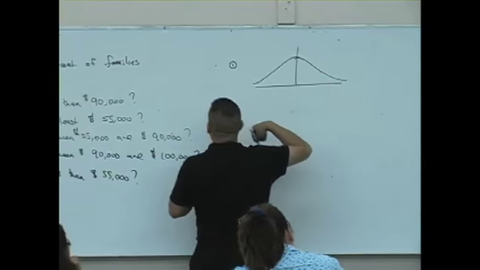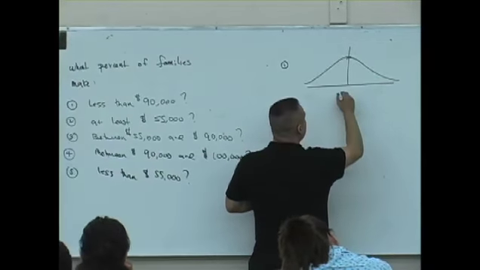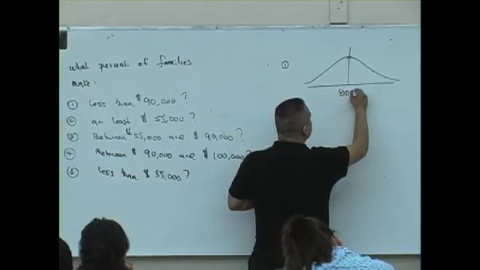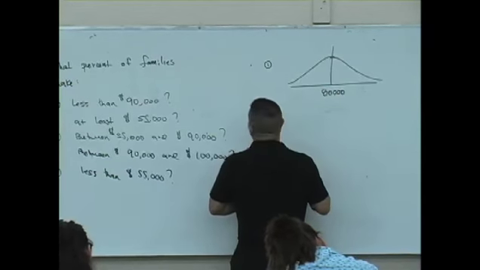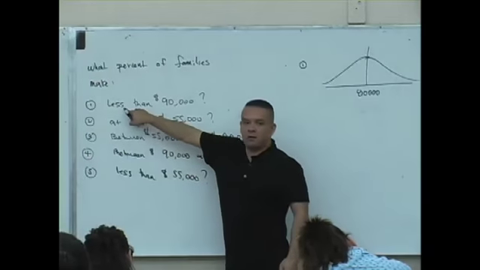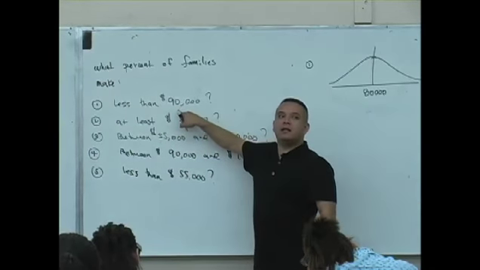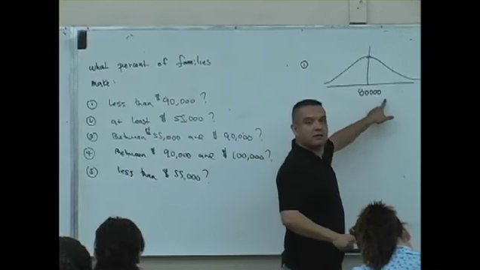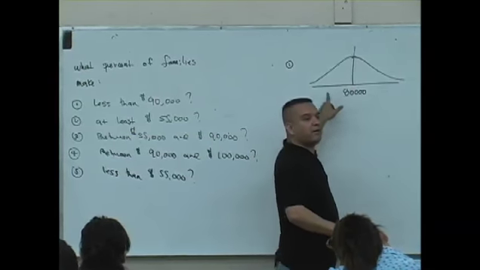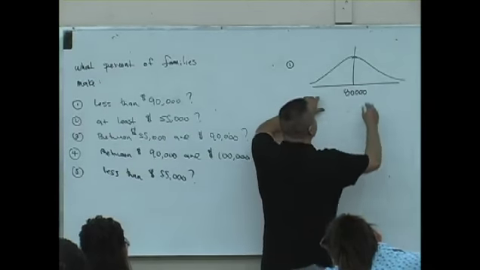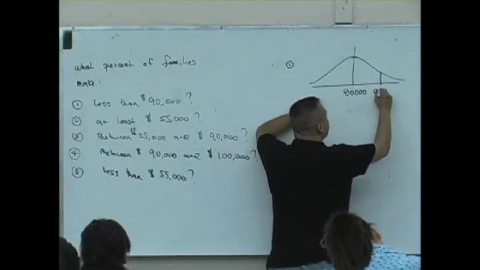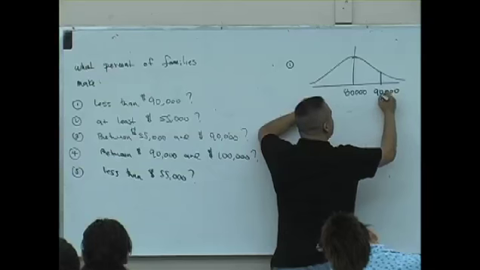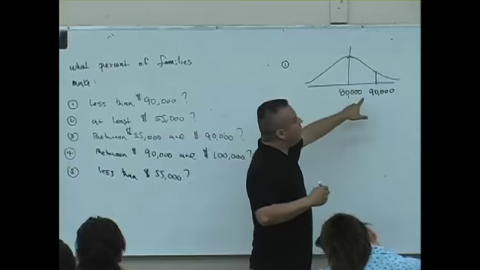What's in the center? Anyone want to tell me what's in the center? 80,000. Okay. Now, what's the question? Less than 90,000. So, where is 90,000 in relation to the 80,000? To the right or to the left of 80,000? So is this where 90,000 would be? Is that right? Okay.